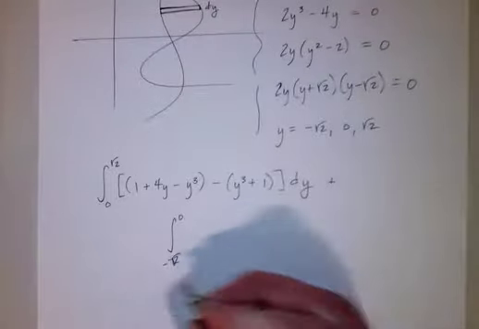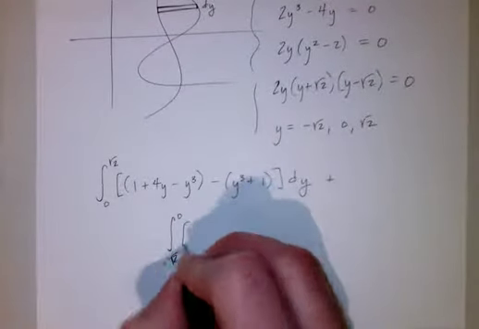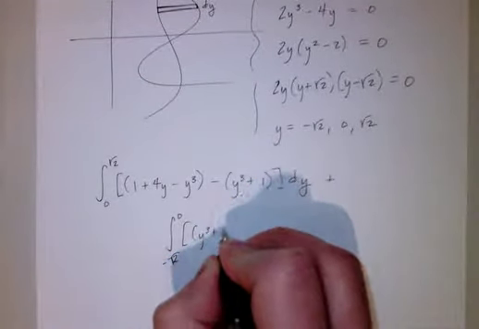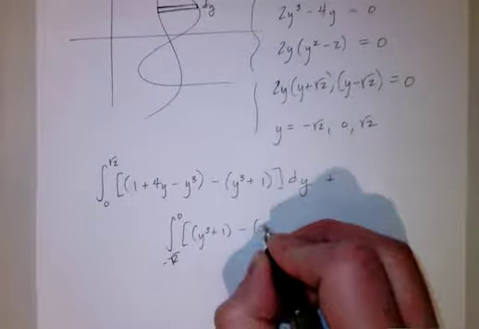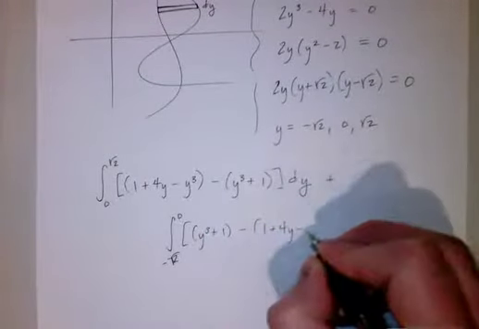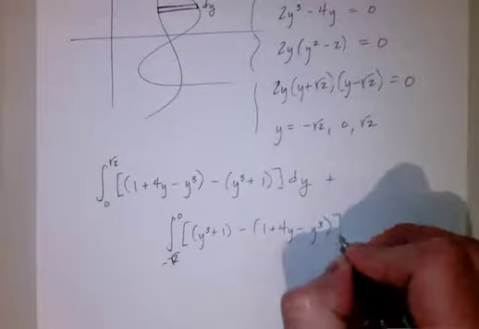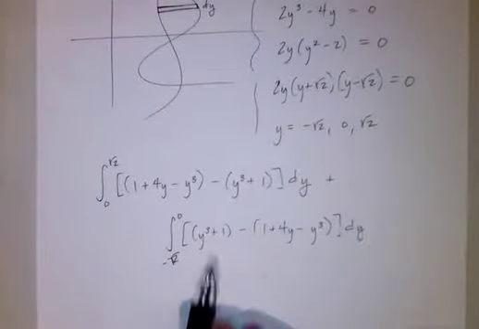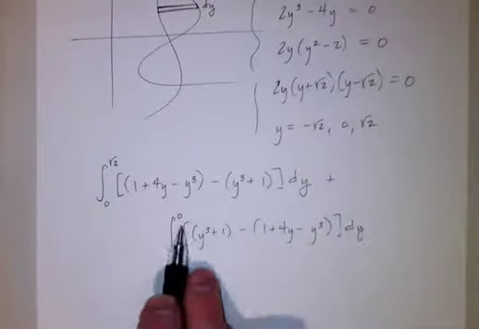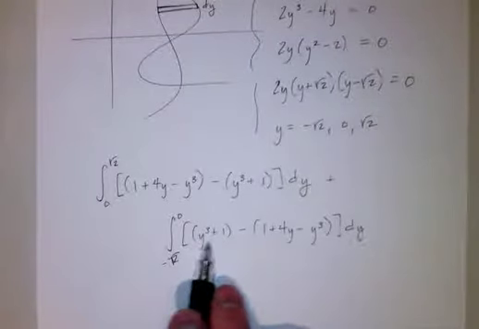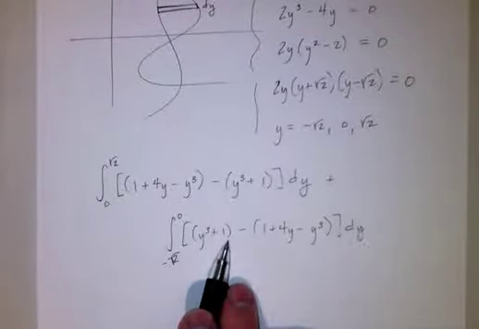So we'll go negative root 2 to 0, and the roles of those particular equations are swapped, because on this interval, negative root 2 to 0, this one is more positive. This one is farther to the right. And of course you can confirm it numerically if you can't get your mind around the graphical representation.